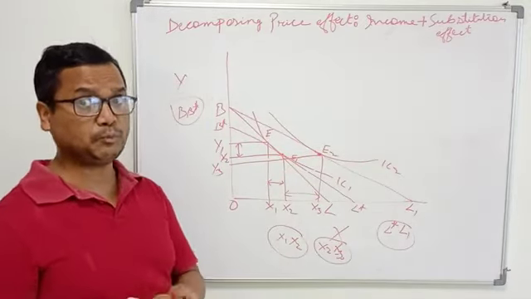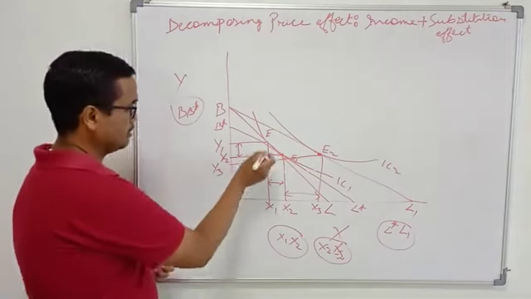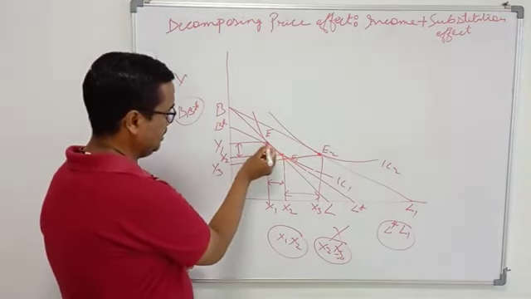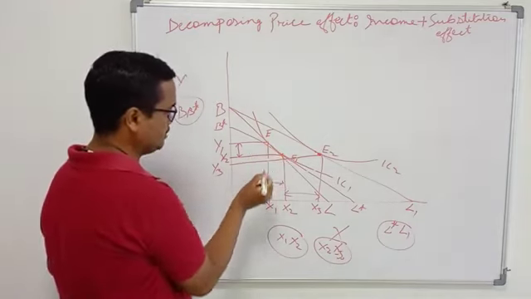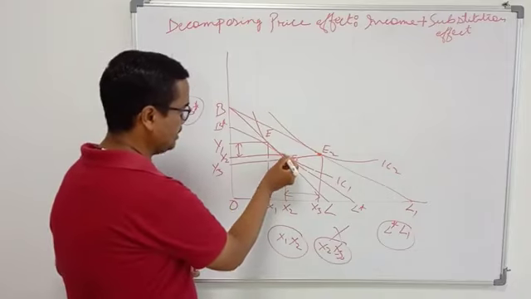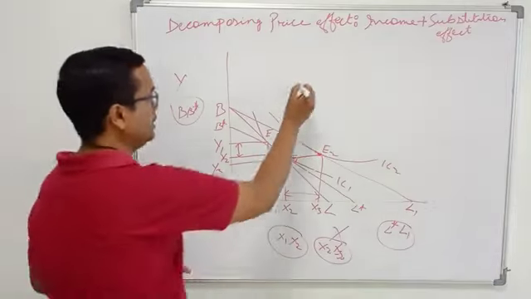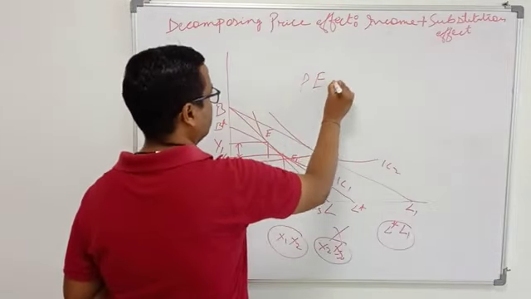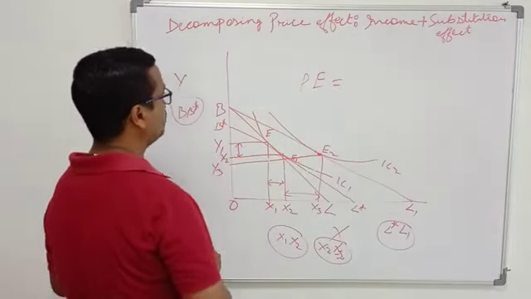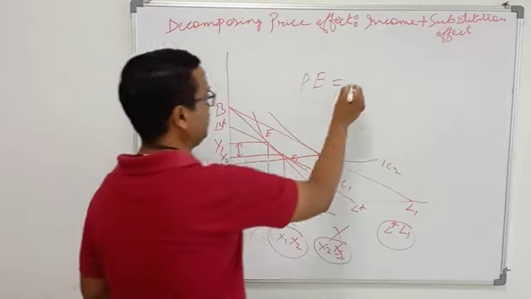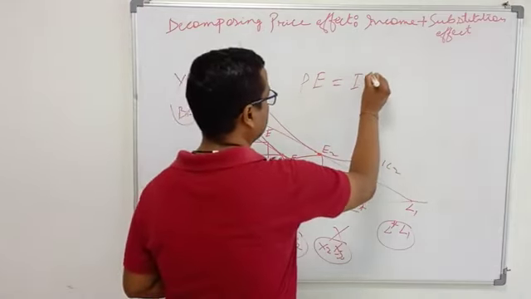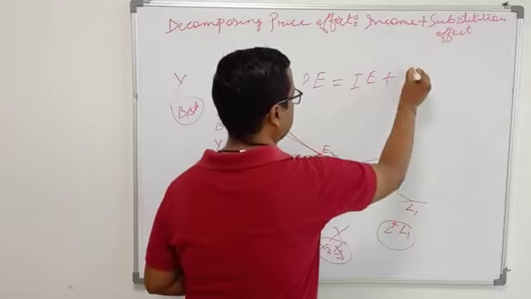Before reaching point E2, the consumer actually moved from E to E1, which is known as the substitution effect, and from E1 to E2, which is known as the income effect. That means here, for the price effect, we are trying to decompose the price effect into income effect and substitution effect.